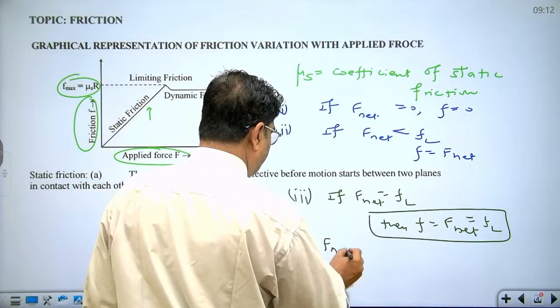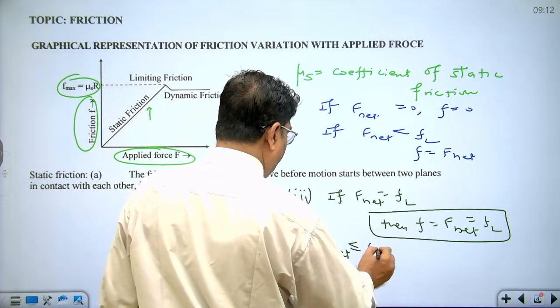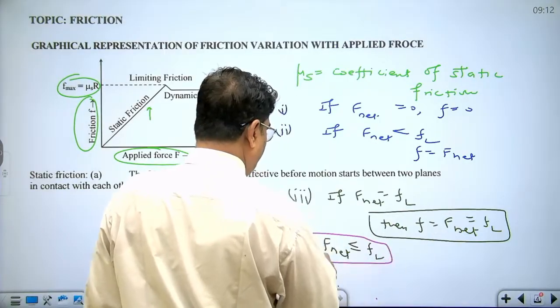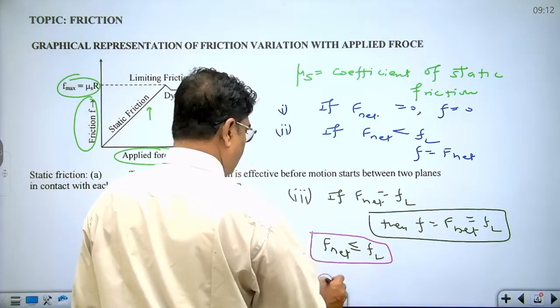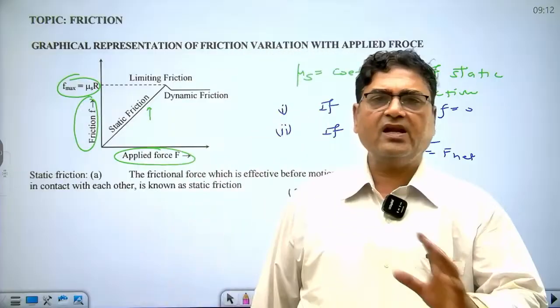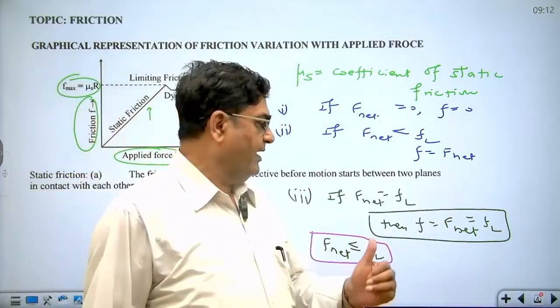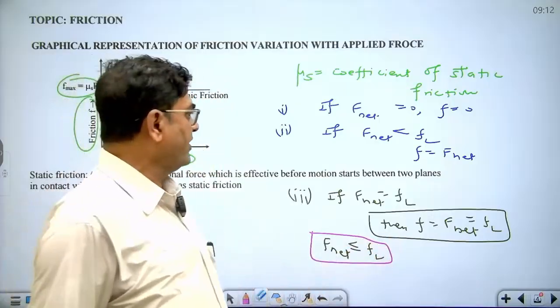So the general condition, till a body will not have relative motion with the contact surface, is what? F net less than or equal to FL. This is the general condition, okay.